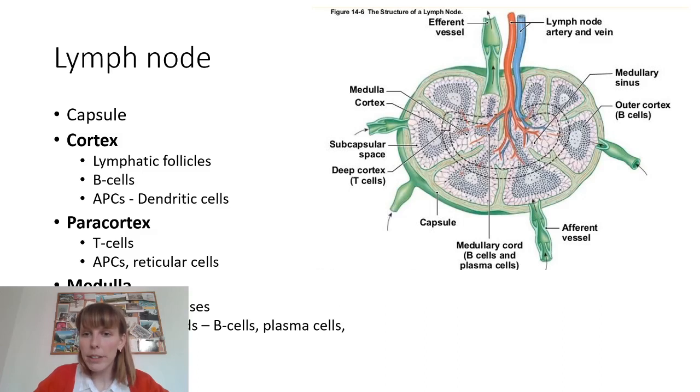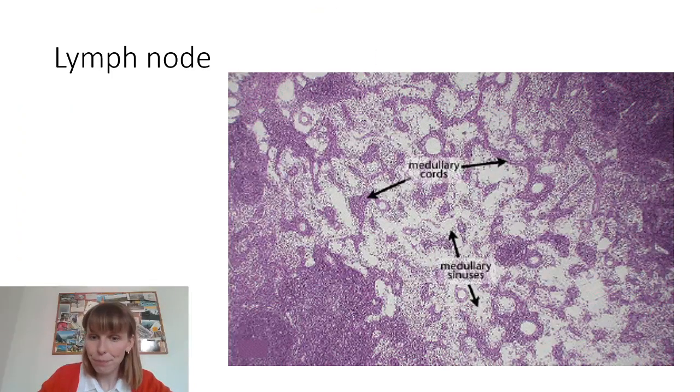So if there are antigens, if there are pathogens, these cells will become activated. And when the lymph node is very active, it will also be enlarged. That's why, for example, if you're quite sick, you have enlarged lymph nodes on your neck, or even in your armpits. So lymph node, number one.